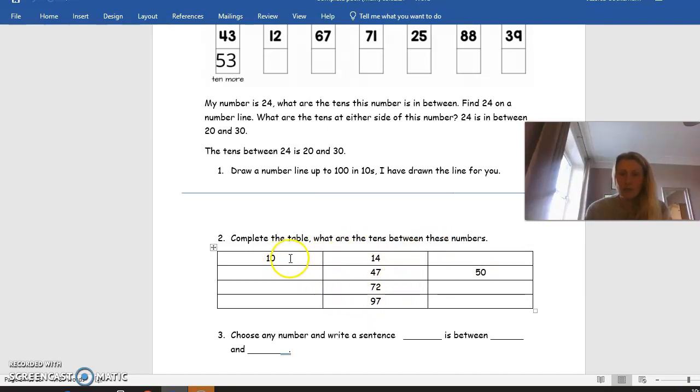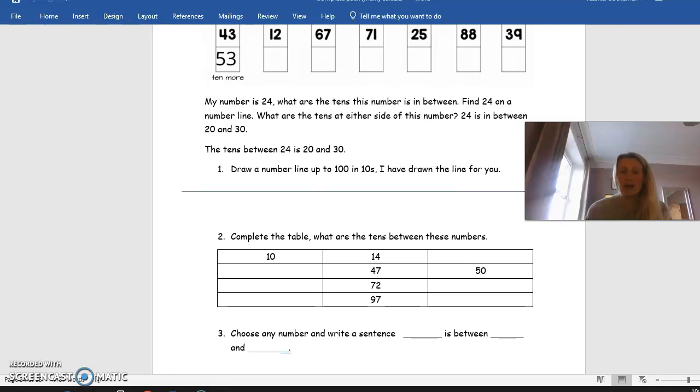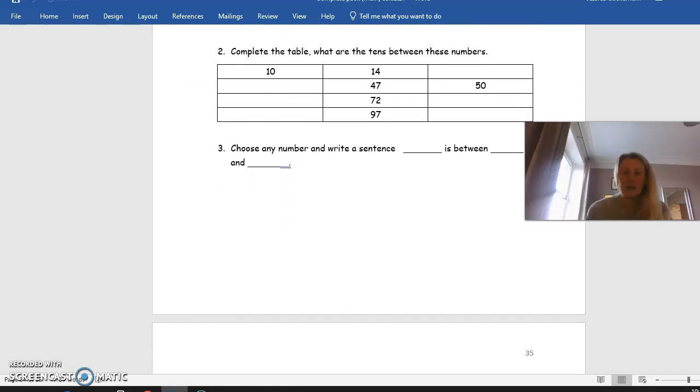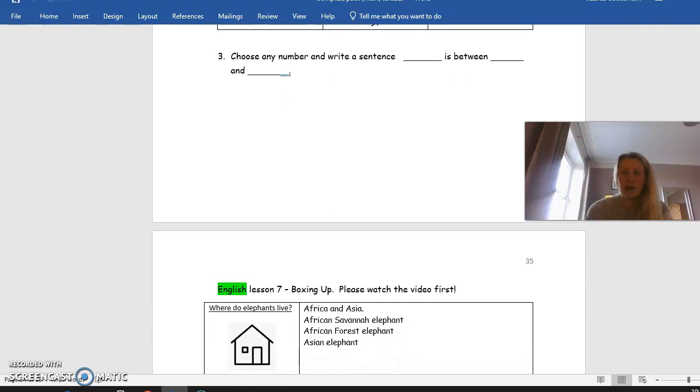The number in the middle, I want you to find the tens either side of these numbers. And then you've got a job. You can write your own number sentence for question 3. It says, choose any number and write a sentence: blank is between blank and blank. That is your job for today.